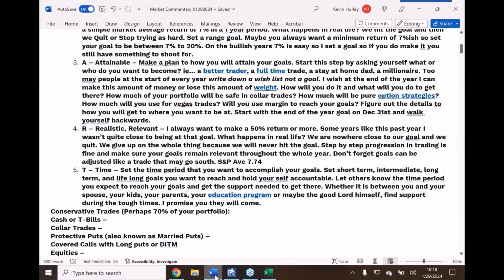Goals are troublesome because inevitably we want them on a time period that's our time period. And if you haven't learned, sometimes your time period is not the market's time period.